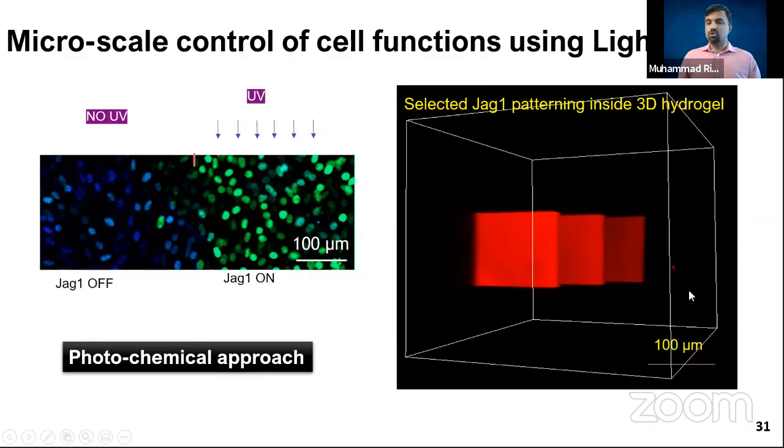We can also do this in 3D. We have not differentiated in 3D, but we have already shown that we can selectively pattern those signals inside the hydrogel in defined regions by using a laser in different locations. This is very critical because if we are thinking about making a liver in which we have different types of cells, we want to control which cell is being differentiated.